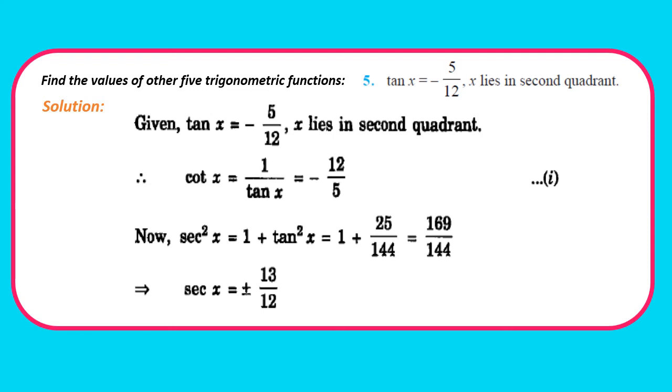So we have cot. Now sec square equals 1 plus tan square. So this becomes 1 plus 25 upon 144, because tan equals minus 5 by 12 and square is 25 upon 144. So the value of sec square x equals 169 upon 144. So sec x will be equal to plus minus 13 upon 12.